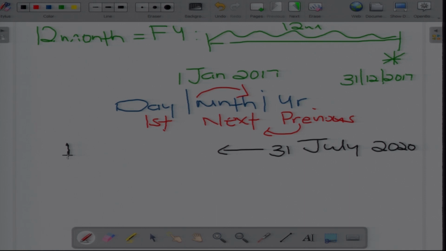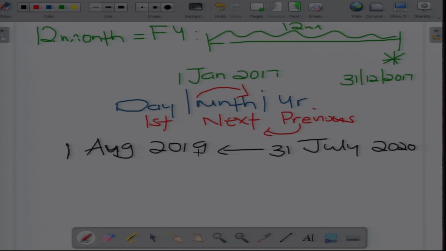What is the next month after July? August. And what's the previous year? 2019. So your year will start on the 1st of August and it will end on the 31st of July.